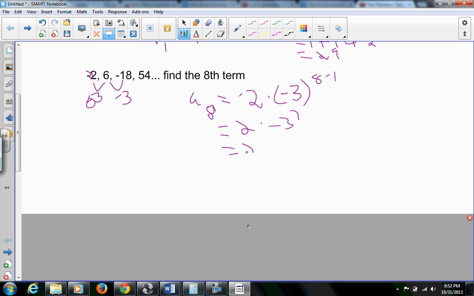And -3 to the 7th power, since it's an odd exponent, I end up with a negative answer, -2,187. Now I multiply those two things together and I get 4,374. So the 8th term of this, a sub 8, is equal to 4,374. And we've done problems like this. So this is what we've mastered so far.